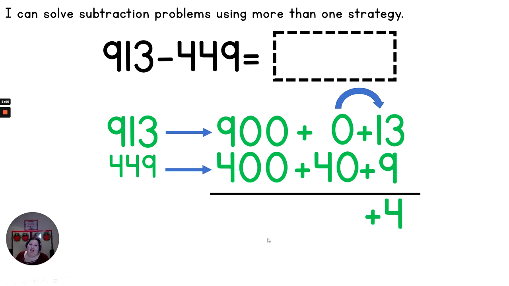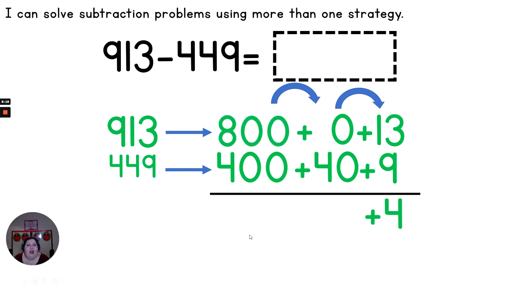But now we have an issue. We have 0 tens minus 40. Can't do that. So just like in that last method we tried, we are going to have to take 100 and move it over into a 10. So remember, 10 tens make 100. So if we move one of our hundreds out of there and move it to the tens, we can do this. Okay.